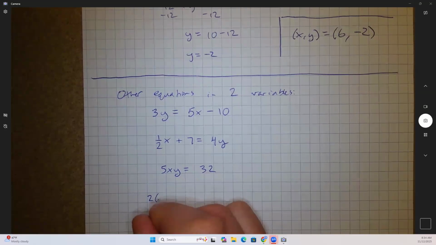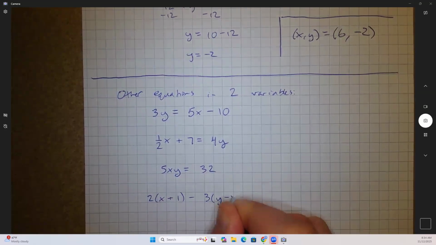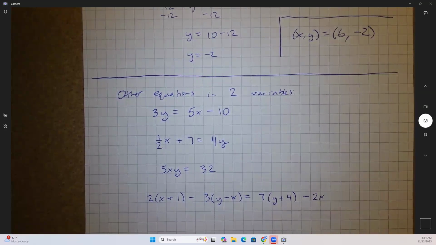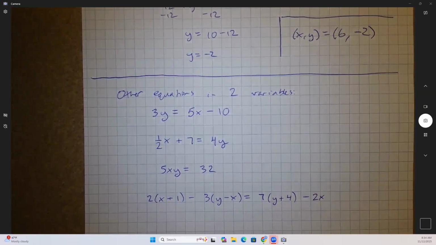You could have something like 2 times x plus 1 minus 3 times y minus x equals 7 times y plus 4 minus 2x, right? Still an equation, still has x's and y's. This is still going to have all sorts of different solutions, and each of those solutions is going to be an xy ordered pair.